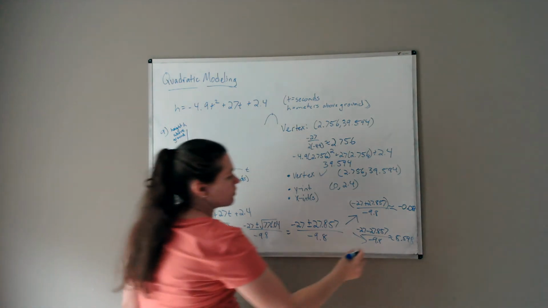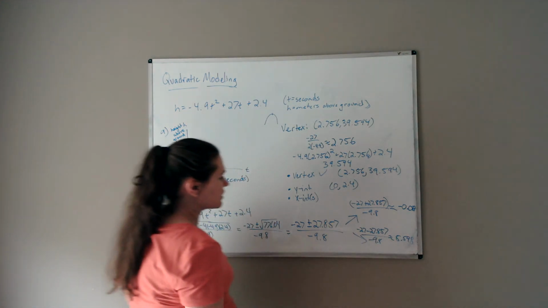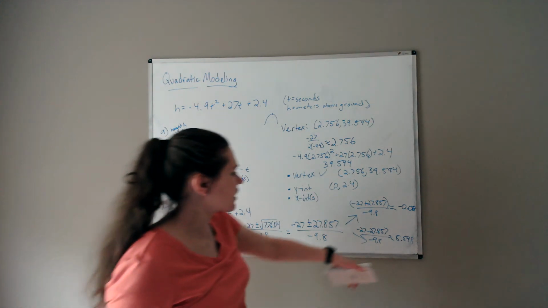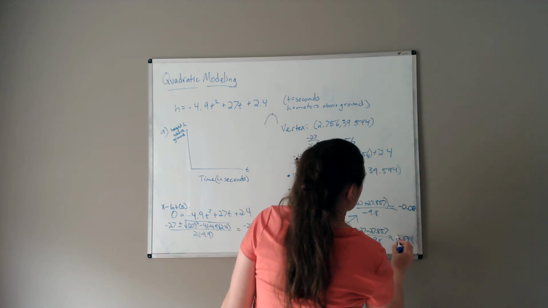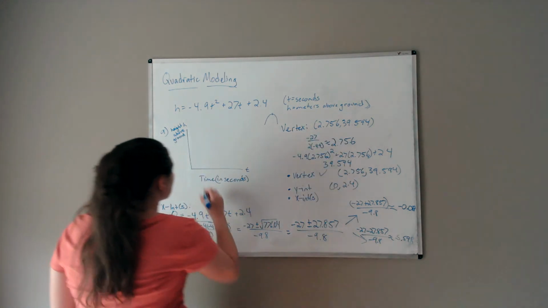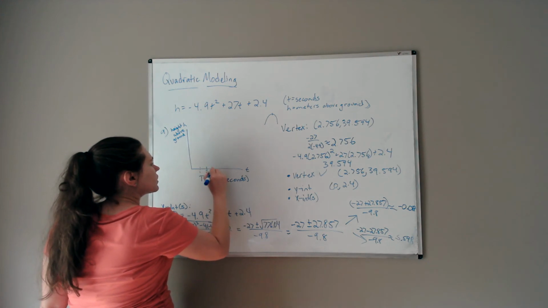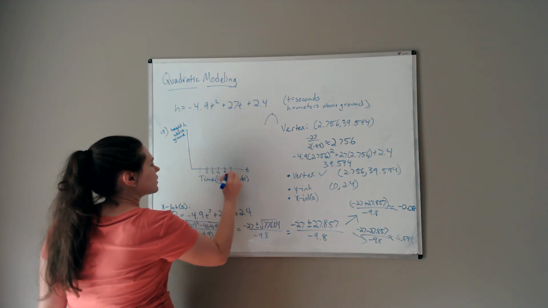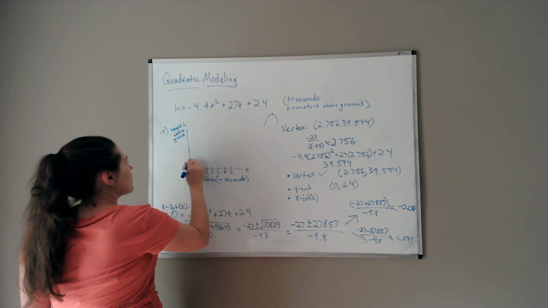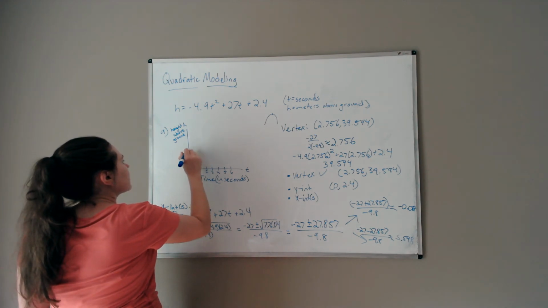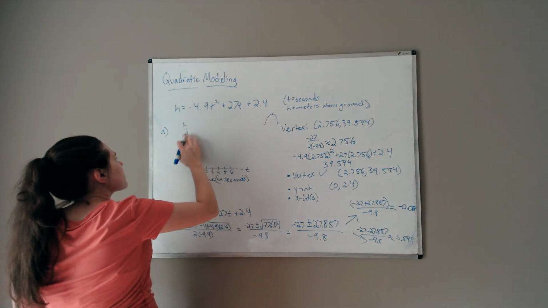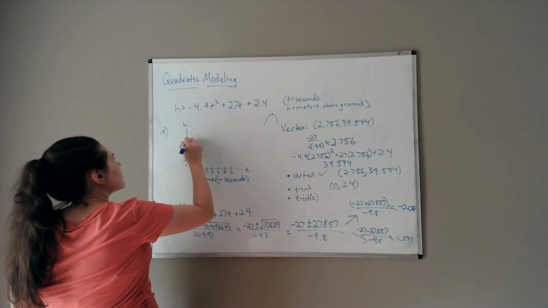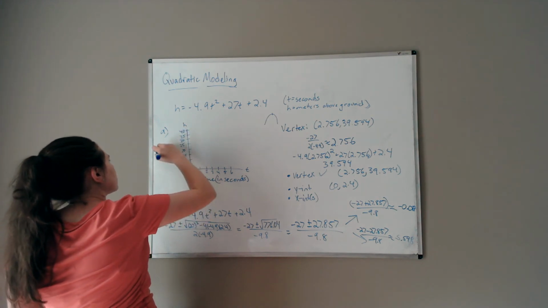We don't really need to graph that. But this, when it's getting to the ground the second time, our x-intercept is 5.598. So if we sketch these points, I think I'll go by 5s: 5, 10, 15, 20, 25, 30, 35, 40, and this is height above the ground.